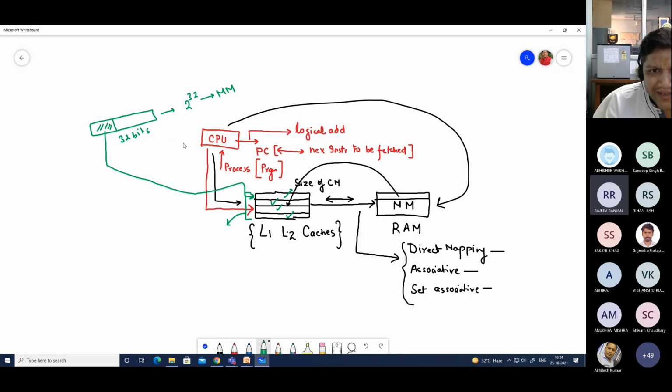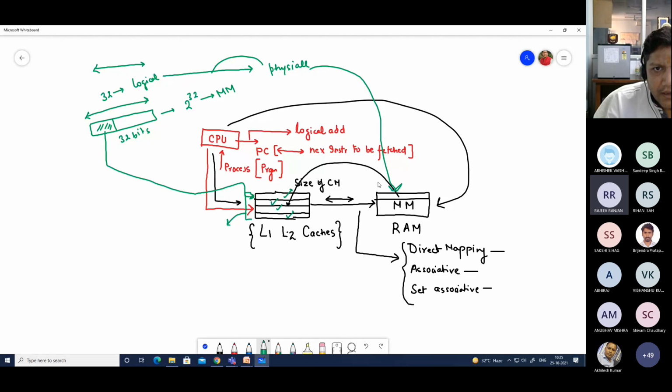Now see how critical things are, and people don't know this actually. This 32 bit address which the CPU is generating, and which is not written in the books, is actually a logical address. So whatever logical address is generated has to be converted into a physical address, meaning where in main memory.